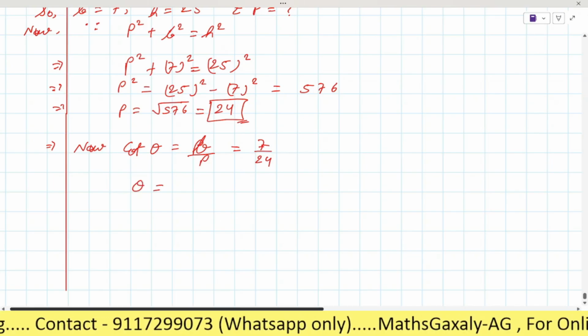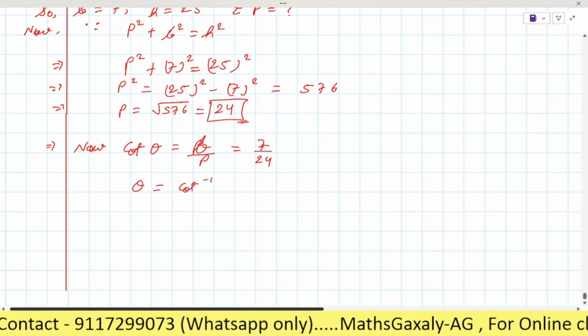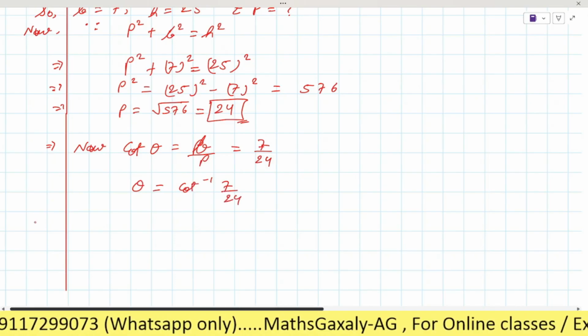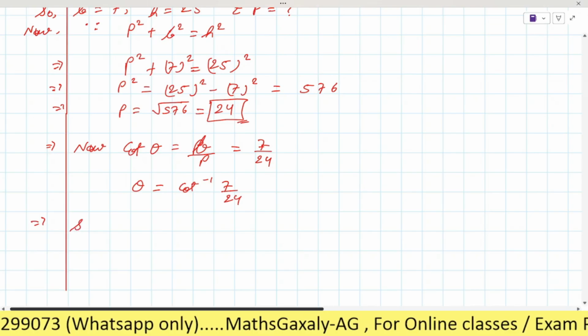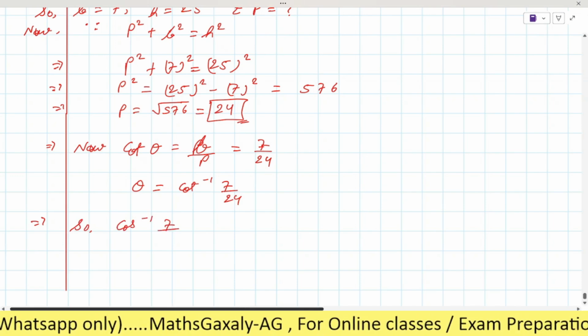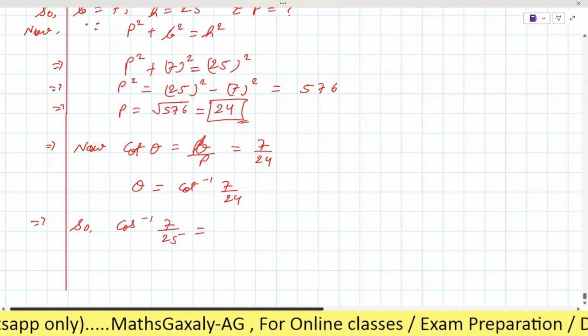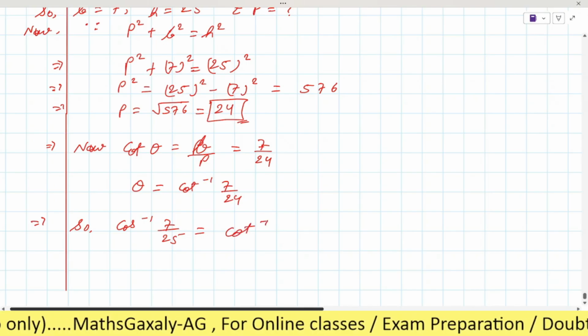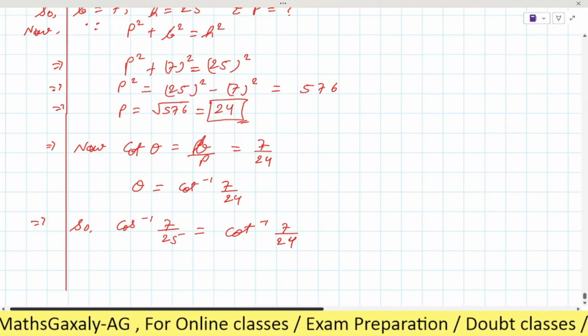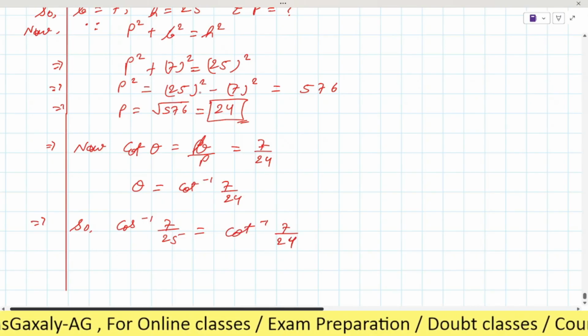So theta is equal to cot inverse 7 by 24. Then cos inverse 7 by 25 will be equal to cot inverse 7 by 24. Is it clear or any doubt?